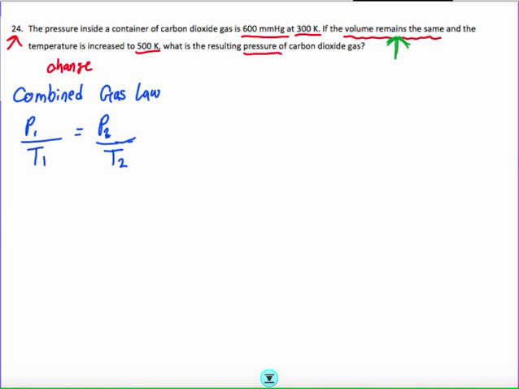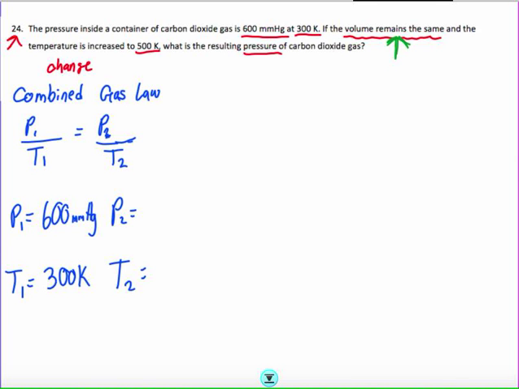So let's go ahead and write out our variables. P1 equals, T1 equals, P2 equals, T2 equals. Pressure 1 is 600 millimeters of mercury. Temperature 1 is 300 Kelvin. The temperature is increased to 500 Kelvin, and it's asking us for the new pressure.